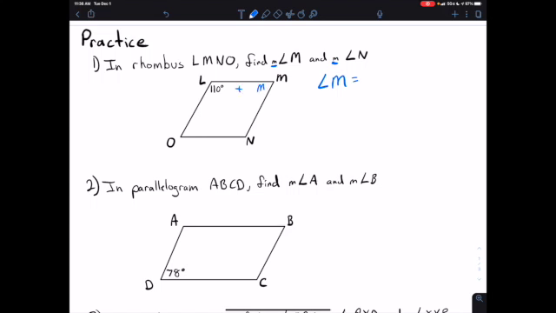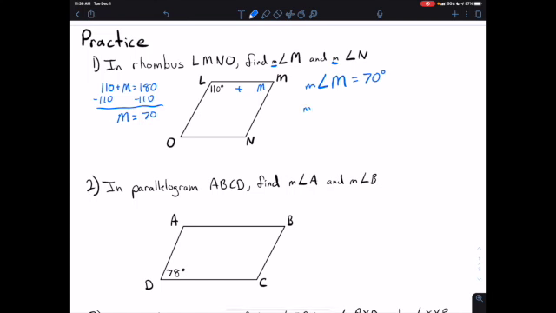So 110 plus M is equal to 180 degrees. To isolate the variable, I subtract 110 from both sides. That leaves me with just M on one side and 70 degrees on the other side. So the measure of angle M is 70 degrees.